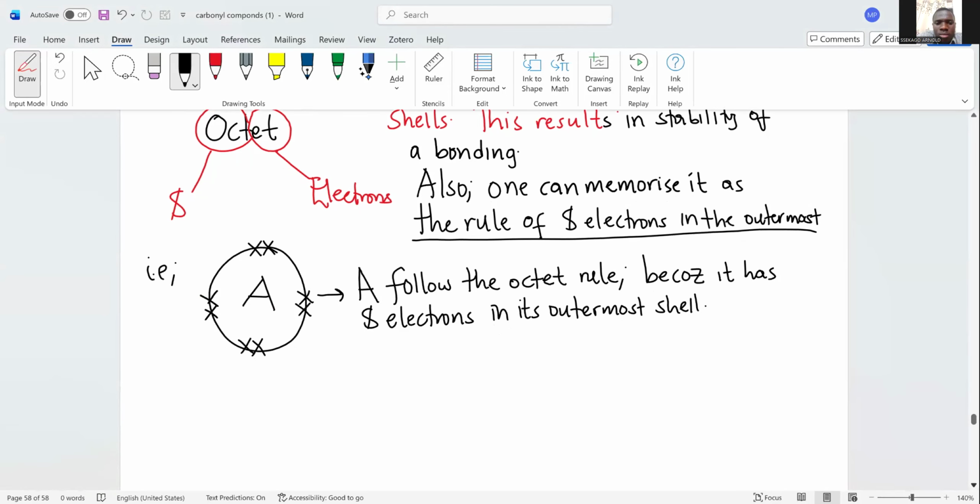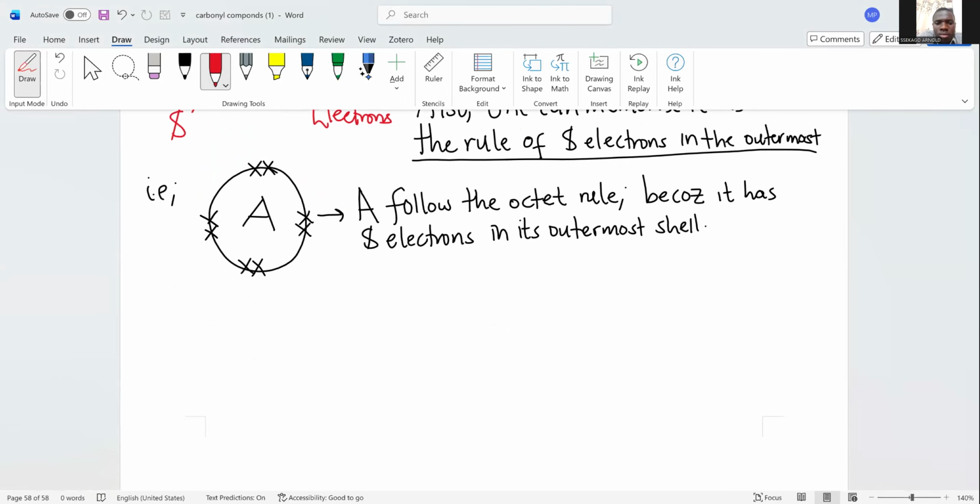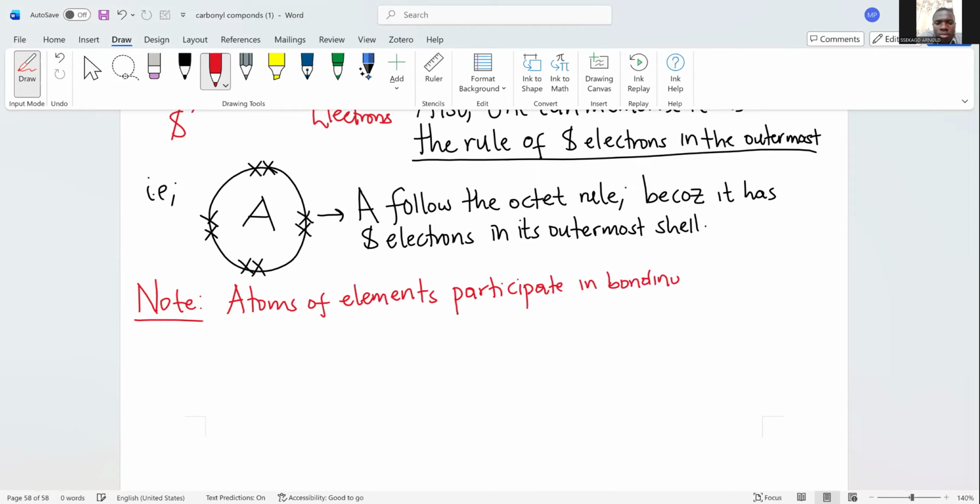It is important to note that atoms of elements participate in bonding to achieve the octet rule.